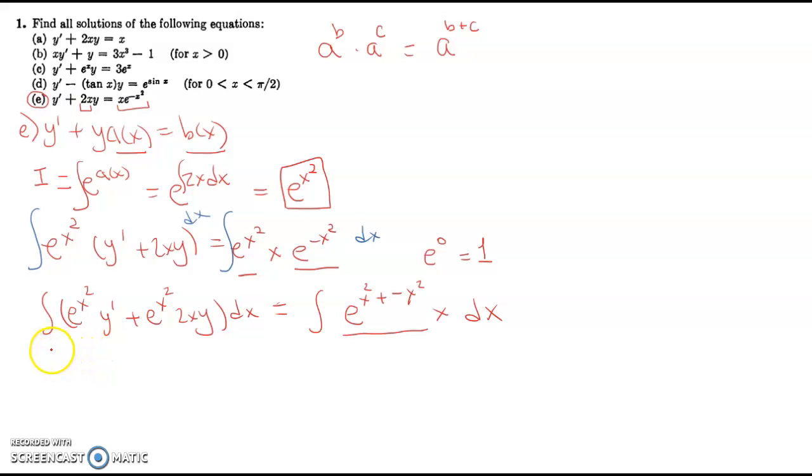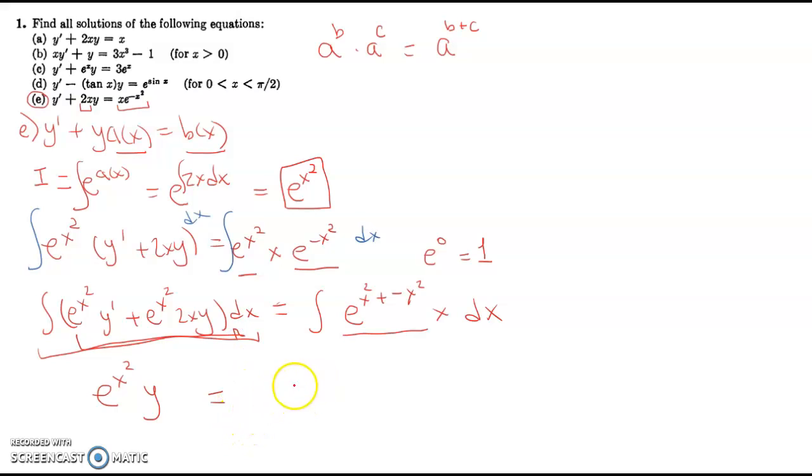Okay, and on the left-hand side, you can take a look and notice that this entire side is just going to be e to the power of x squared times y. You can check by using the chain rule: if you differentiate this, you'll get this part.